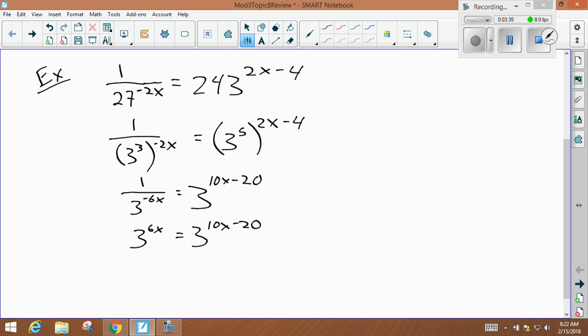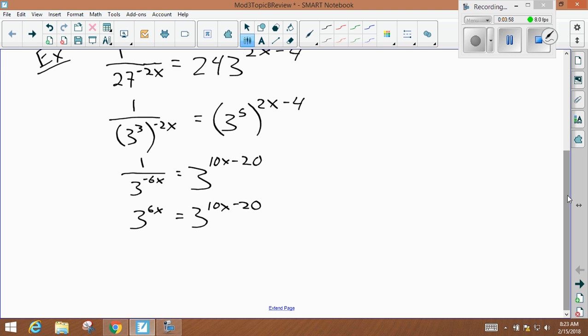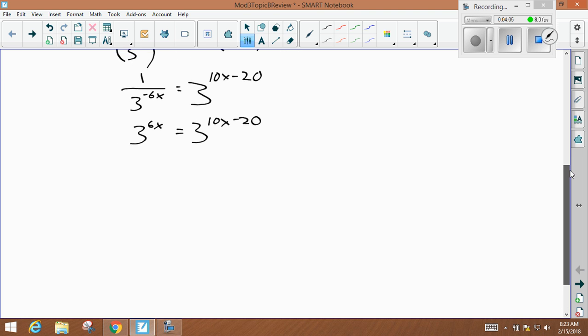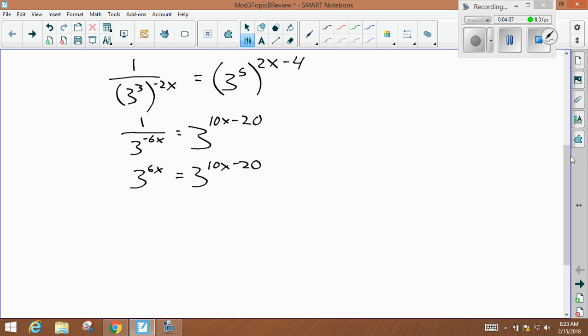And now that we have the same bases, and all of our exponents have been simplified as far as we can, let's go ahead and drop those out, like the next step after taking online classes. Great.